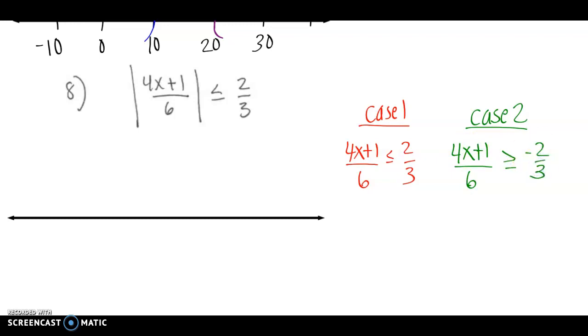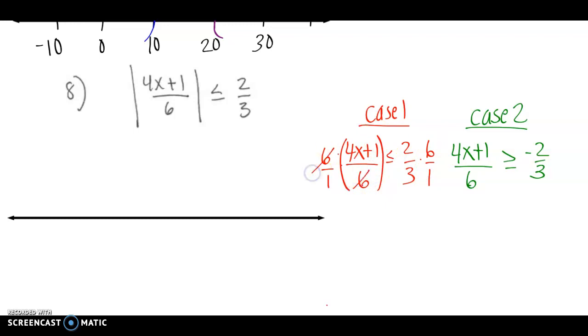So then we're going to go ahead and solve both of these. For the 4x plus 1 divided by 6, I want to get 4x plus 1 by itself first, so I'm going to multiply both sides by 6. I'm multiplying this whole thing by 6, which means I have to multiply this side by 6, put it over 1 to match the fraction on that side.